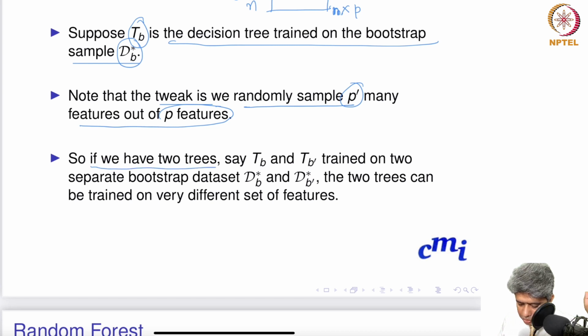So if we have two trees, one is T_B, another is T_B dash, based on dataset D_B and D_B dash respectively. Two trees can be trained on very different datasets, a very different set of features.